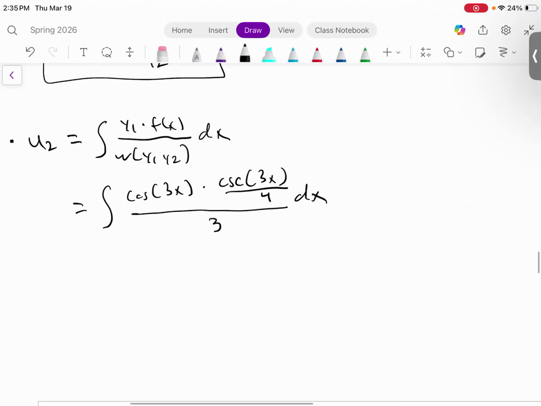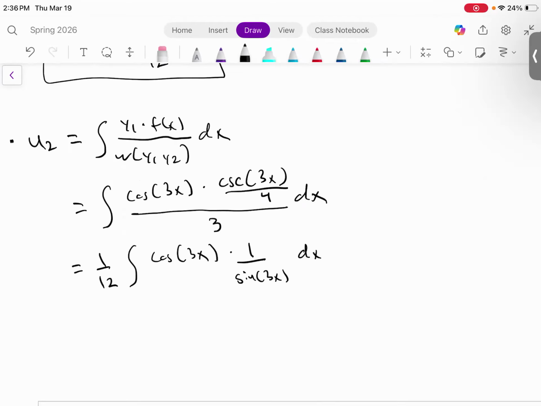Okay, so let's take out the constant again, 1/12. So I'm left with cosine of 3x, and I'm just going to change this to 1 over sine 3x right away. Okay, so how would I solve this integral? Nothing really cancels out.